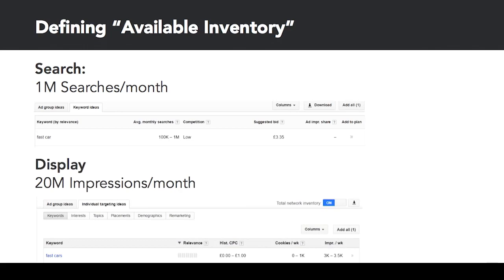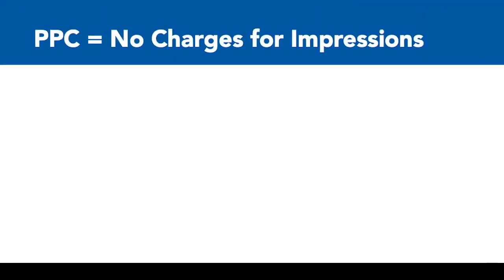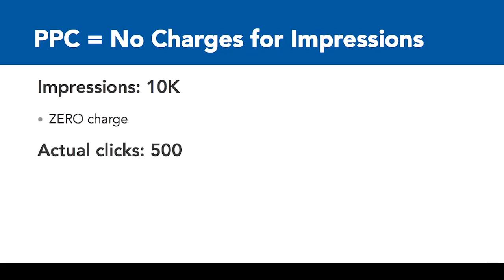The main characteristic that sets PPC advertising apart is that impressions do not incur a charge. This means that PPC can make a significant contribution towards brand awareness without any additional cost. For example, if 10,000 users saw your display advert, but only 500 clicked on it, you'll only pay for 500 clicks and not for the 10,000 ad views.